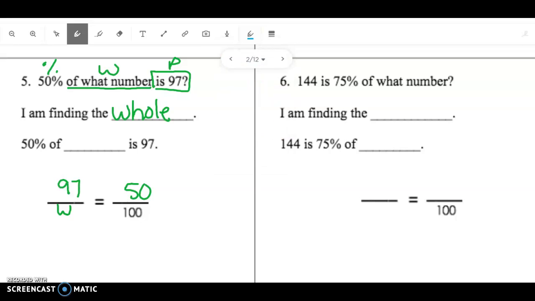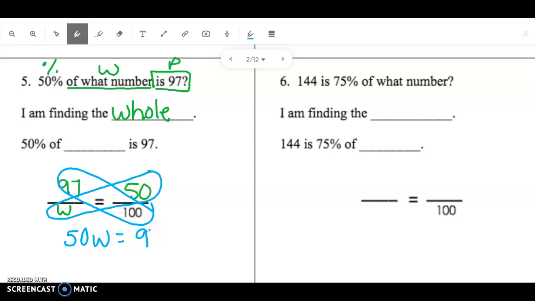Okay, time for our cross multiplication. So we've got W times 50 gives us 50W. And that's going to be equal to 97 times 100. It's just 97 with 2 zeros. There's our second step.